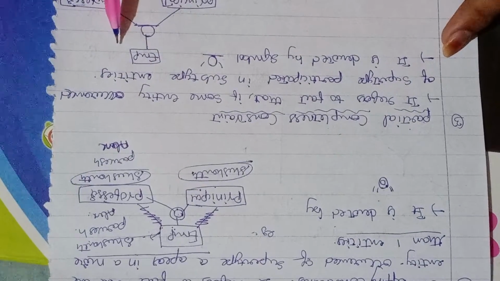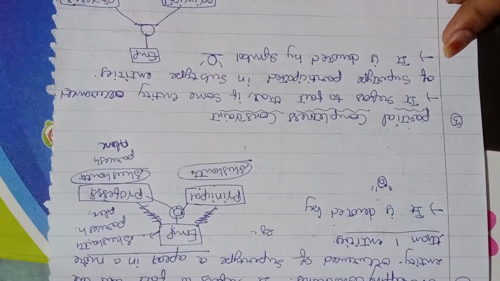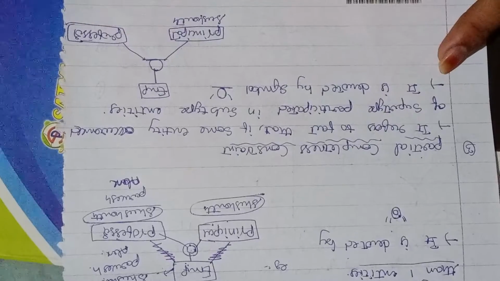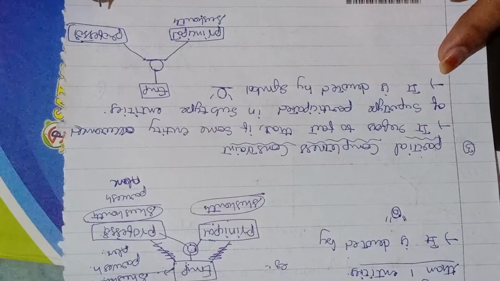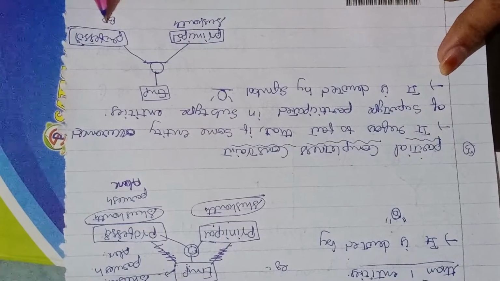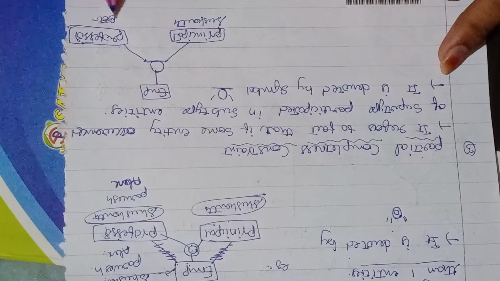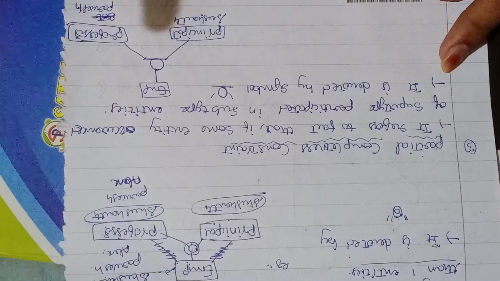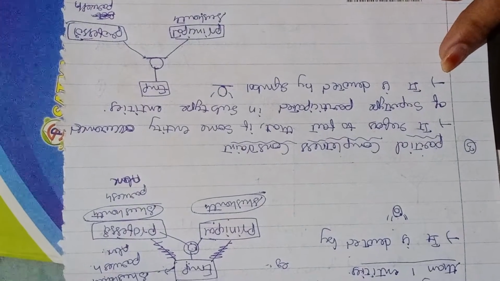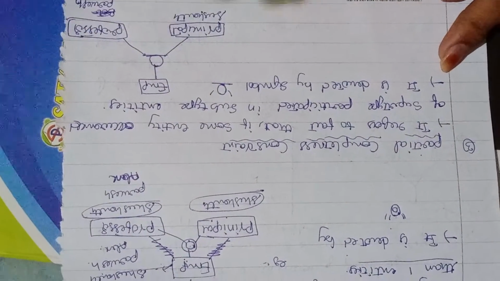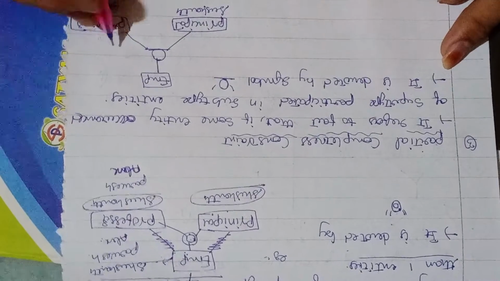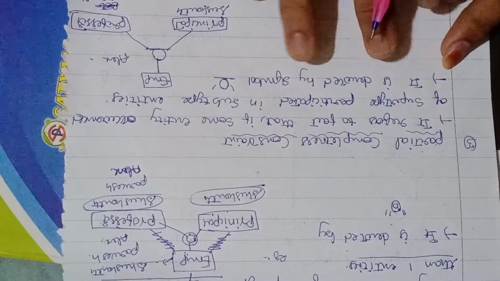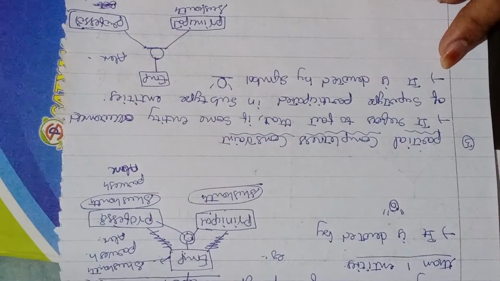Sushant is the principal, and Parvesh is the botany professor. Here we are taking only partially the principal and professor, and we do not take Alex, the maths professor. This is called partial completeness constraint.